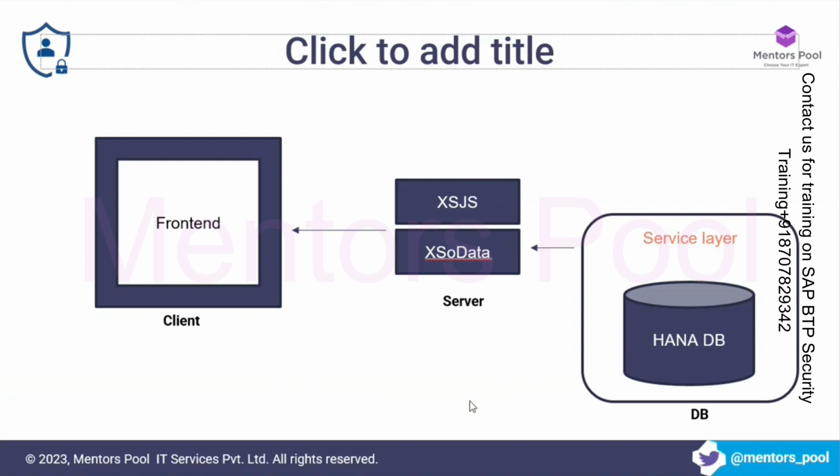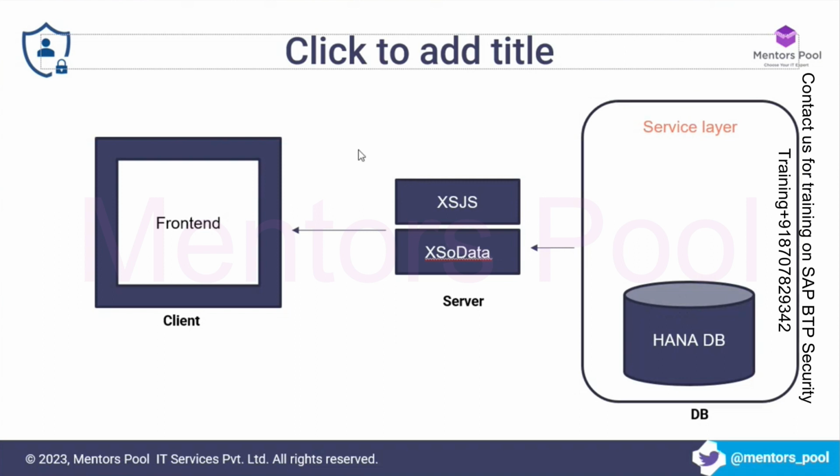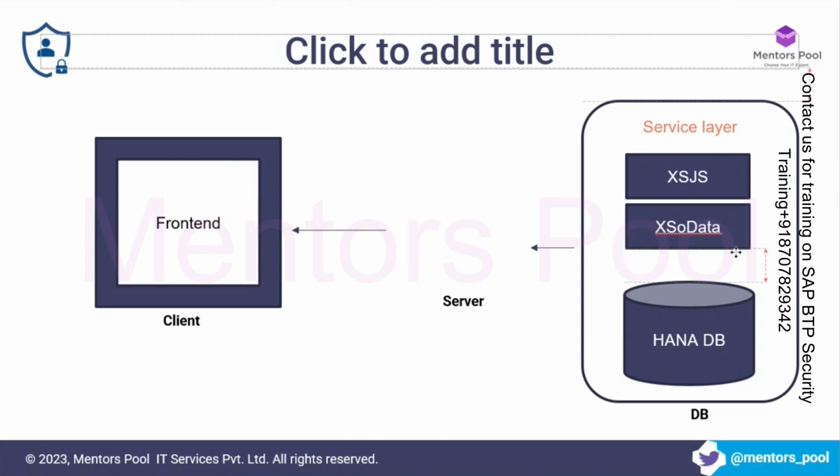We are still following the client server architecture, the three-tier landscape that we always have. But in this case, SAP has already provided the service layer to us embedded within their DB layer. Instead of having a different box outside the DB layer, we had everything inside my DB layer. Now I don't have a server. All I had was a front end, and the service layer was itself embedded within the database layer.